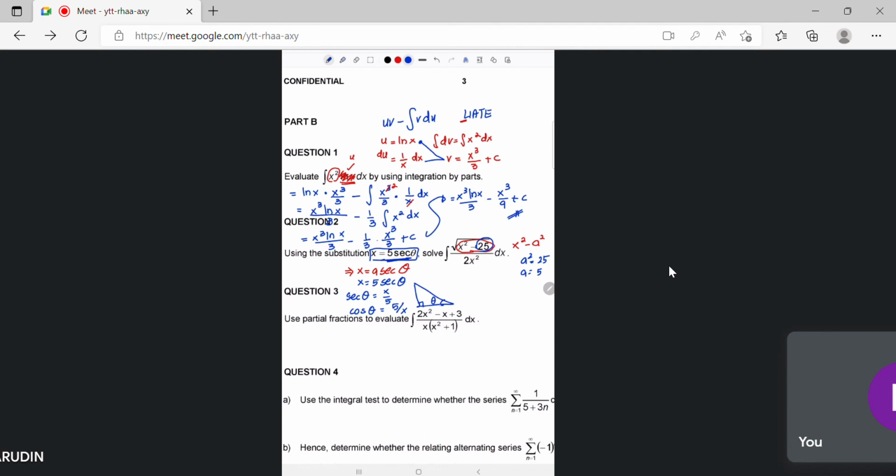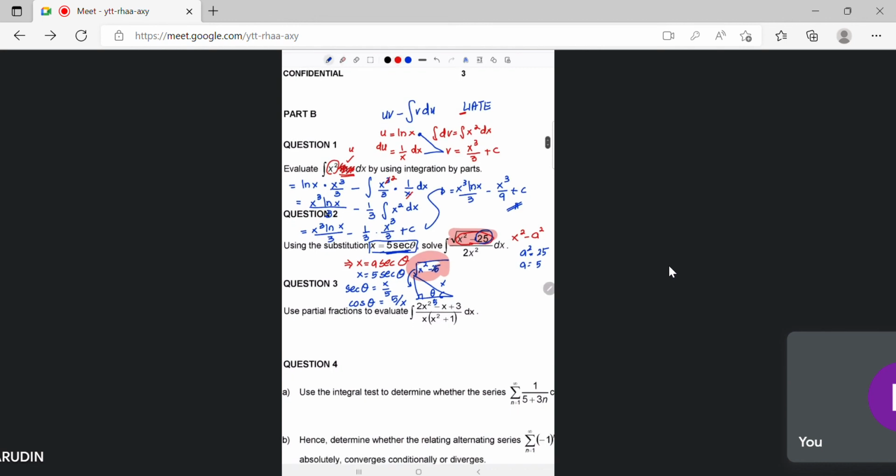So cos is adjacent over hypotenuse, 5 over x. So this one hypotenuse x squared minus adjacent kuasa 2, 5 squared is 25. So everything is squared. Sama tak dalam soalan? Exactly sama kan? So betul dah. Next, kita akan proceed dengan apa?